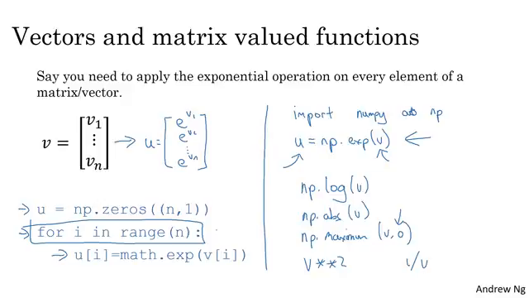So whenever you're tempted to write a for loop, take a look and see if there's a way to call a NumPy built-in function to do it without that for loop.